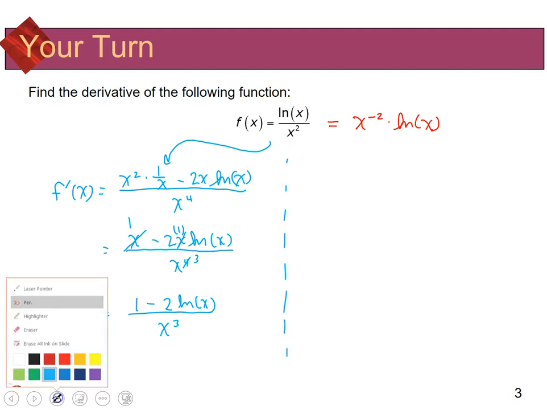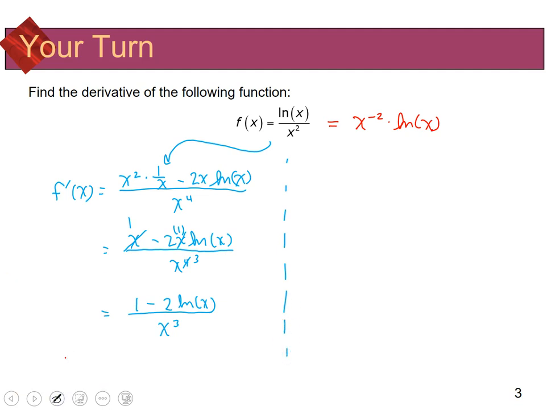If I had chosen to do it the other way, putting in the multiplication first, f prime of x, I'm used to usually doing first derivative second, so I'm going to say x to the negative 2 times 1 over x plus the natural log of x times negative 2x to the negative 3.